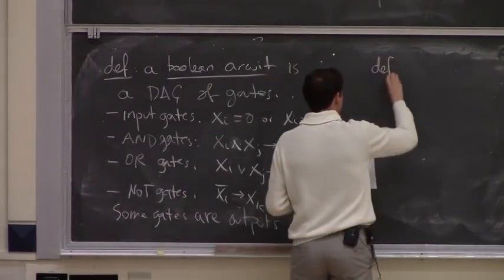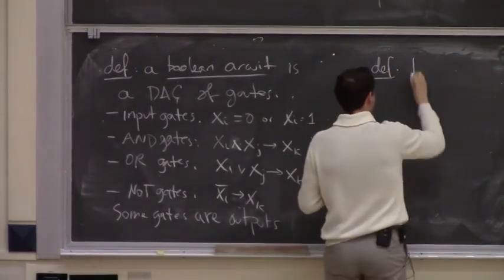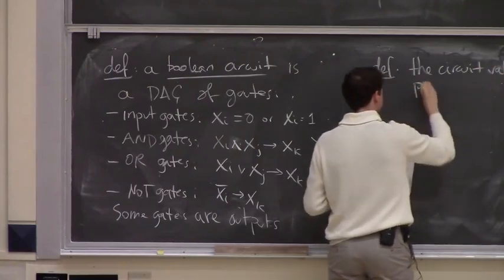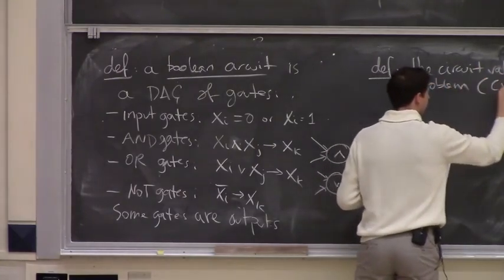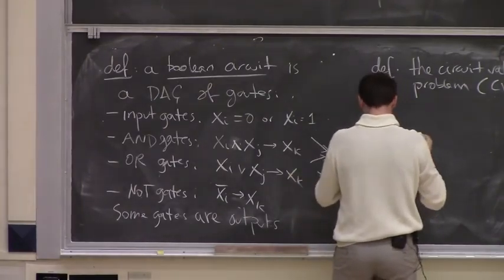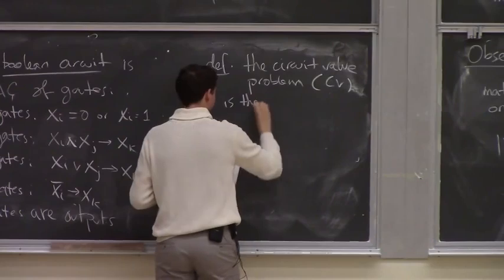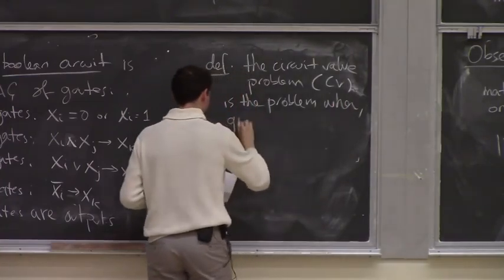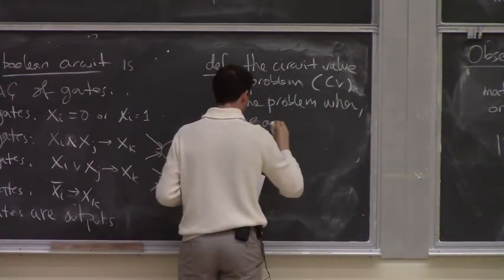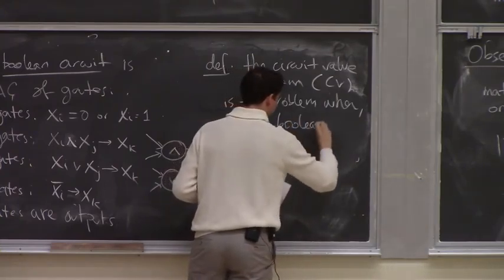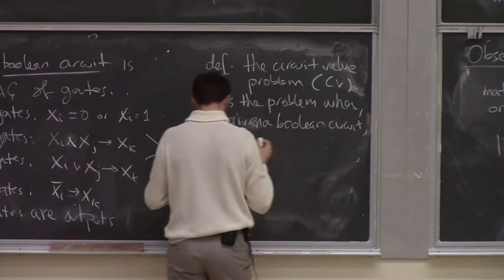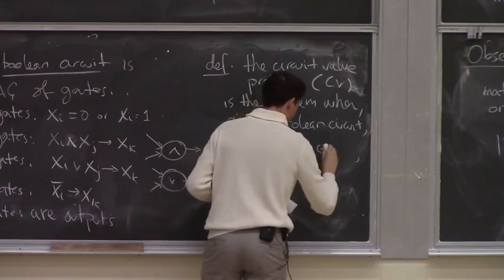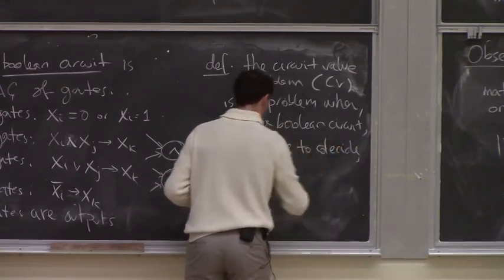Let's define a problem about Boolean circuits, okay? The circuit value problem, let's denote it CV, is the problem where you're given a Boolean circuit and you have to decide if the output is 1.